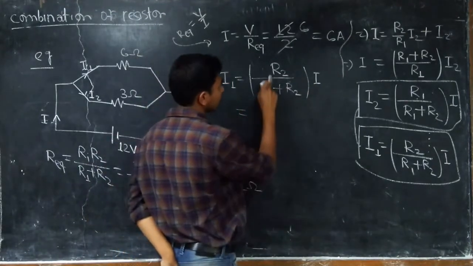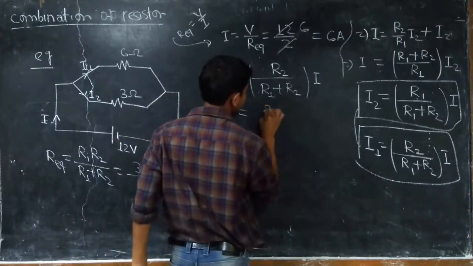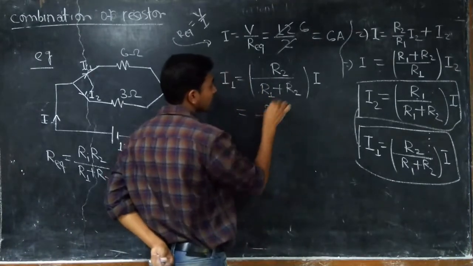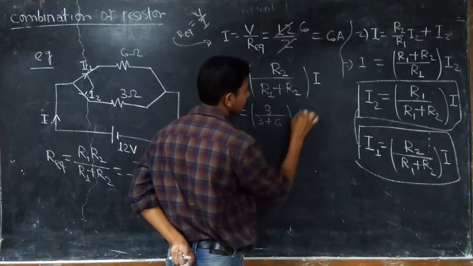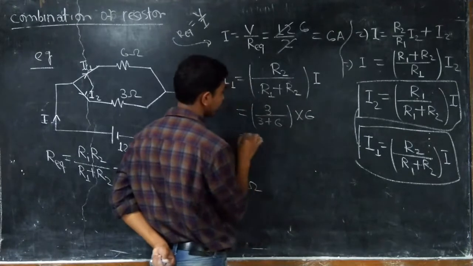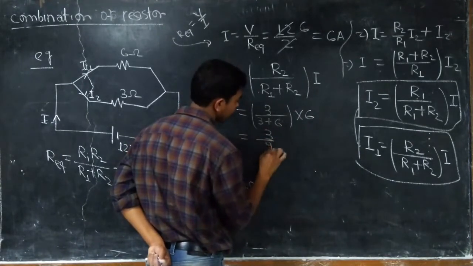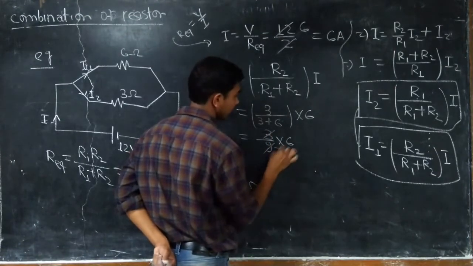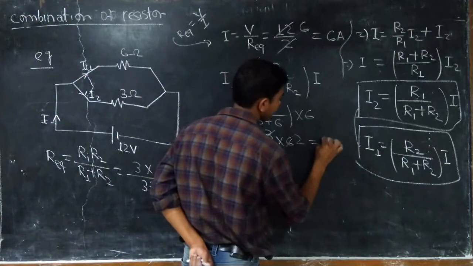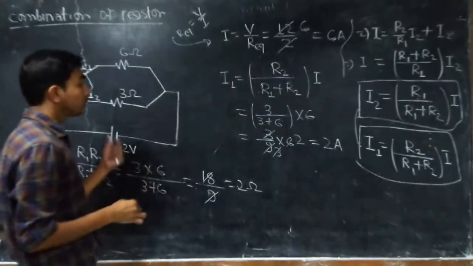R2 is 3, so 3 by 3 plus 6, into 6. So this is 3 by 9 into 6. This is 3, this is 2. So the answer is 2 ampere. So I1 is 2 ampere.